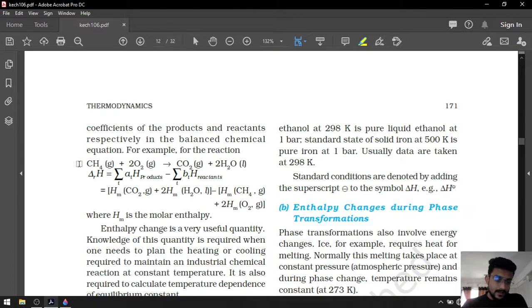As I told you, Hm of CO2 plus 2 Hm of H2O minus Hm of CH4 plus 2 Hm of O2: addition of the product enthalpy minus addition of the reactant enthalpy, whereas Hm is the molar enthalpy. Molar enthalpy means enthalpy of 1 mole of a compound.